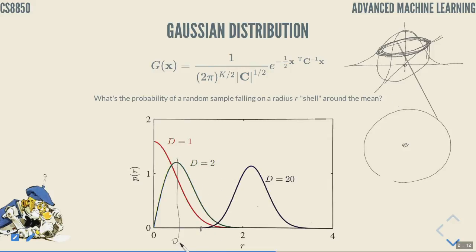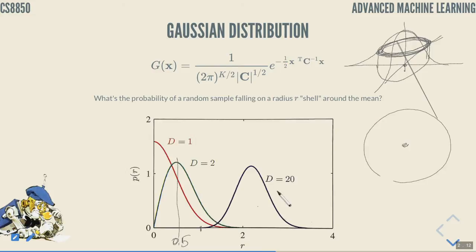around, most of the probability mass in 2D is concentrated at a radius, and this is a Gaussian with unit variance and zero mean, at a radius of 0.5. And if you go into a 20-dimensional shell, then most of the probability density is concentrated in that shell away from the mean, around 2.